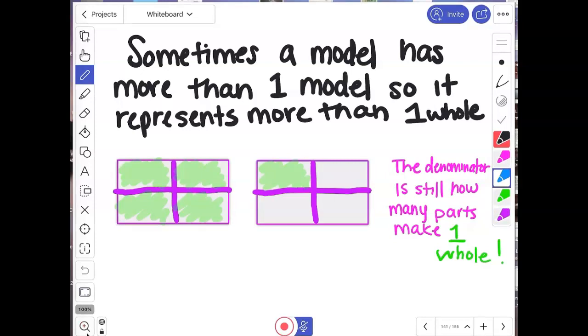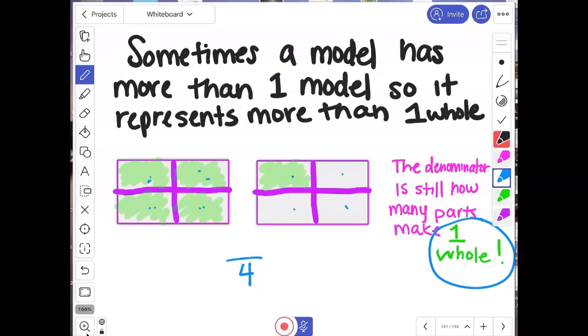So if I look at this, my initial instinct, and I know a lot of your initial instinct, is to say there's 1, 2, 3, 4, 5, 6, 7, 8 parts altogether, denominator's 8. That's not true, because that's how many parts make up 2 wholes. I need to know, to decide my denominator, how many parts make up 1 whole. 1, 2, 3, 4. One rectangle is 4 parts.